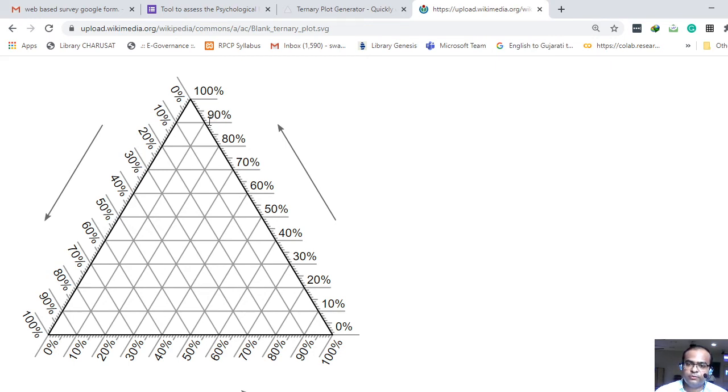So suppose I am talking about the concentration over this line, right? It represents the percentage or fraction of this component, because it is not labeled right now. I will show you the labeled diagram, but right now I'm just giving you a very brief idea about this ternary phase diagram.